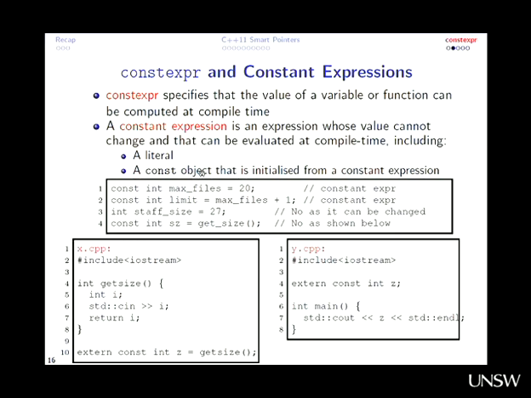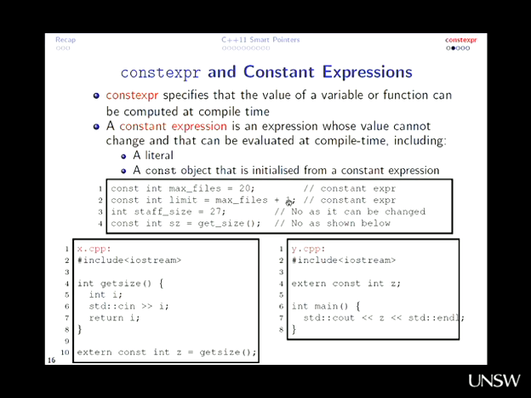So we've looked at const so far. We can say const int max files equals 20. This 20 is a literal, and so this max files equals 20 is a const expression. At compile time, max files is given the value 20, and it always stays that way. The next line is still a const expression, max files plus 1.